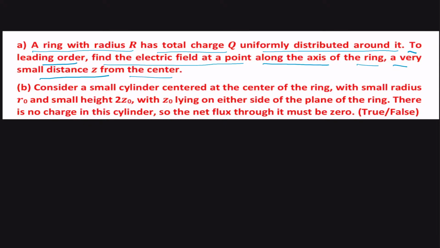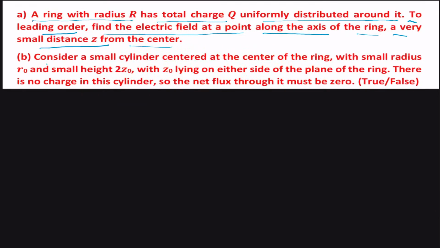Part B: consider a small cylinder centered at the center of the ring with a small radius r0, small height 2z0, with z0 lying at either side of the plane of the ring. There is no charge in the cylinder, so the net flux through it must be 0. Part B is basically a true and false question.